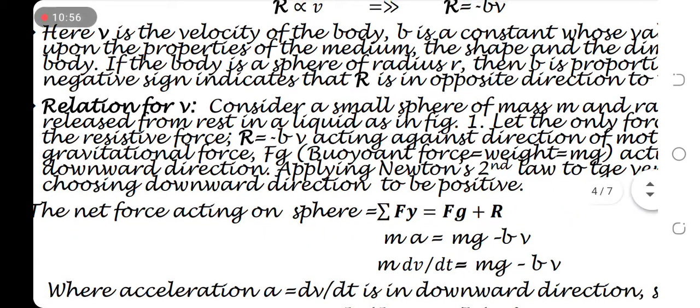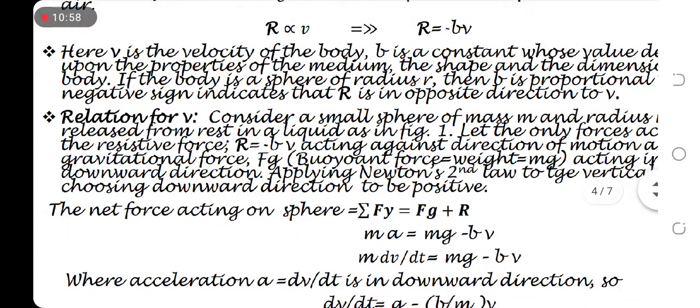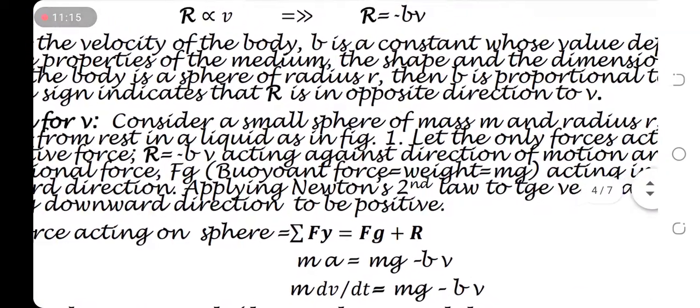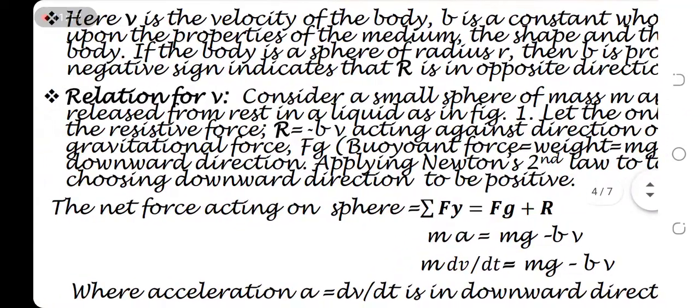So we would like to find the relation for the velocity when a body is moving through the fluid. For this purpose, consider a small sphere of mass m, radius r, released from rest in a liquid as in figure 1.